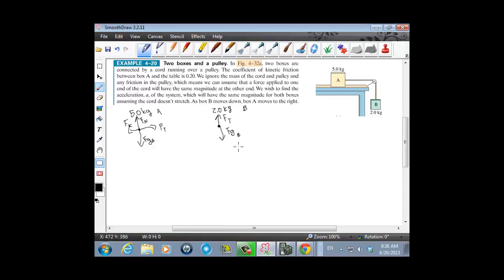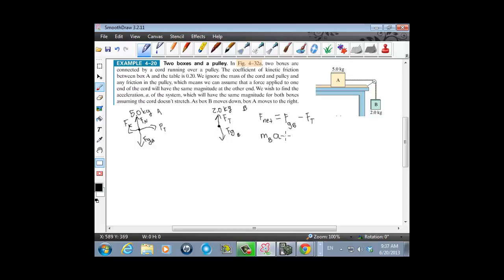So for box B, I'm going to call down positive. So my net force for box B, I don't have to worry about horizontal because there is none. So my net force for box B is going to be FGB minus FT. Net force is always MA. Now I'm going to say MBA because the mass of box B is different than the mass of box A. Now our acceleration is the same, so I can use the same A for both boxes.